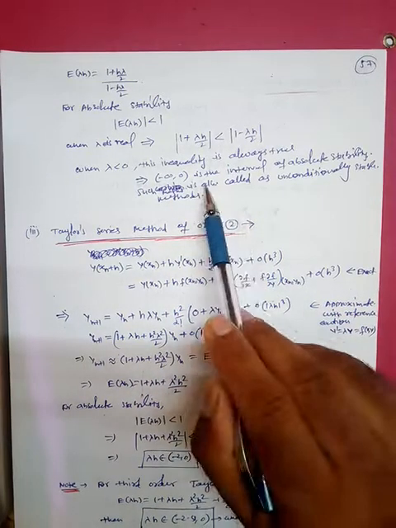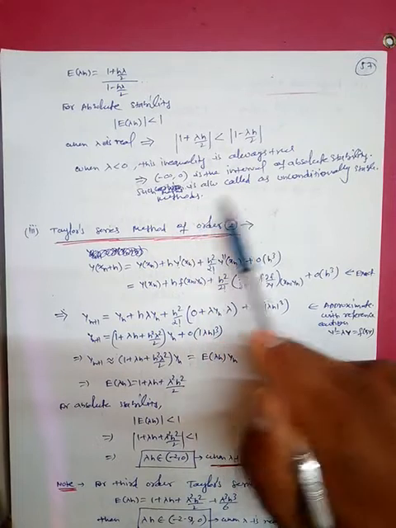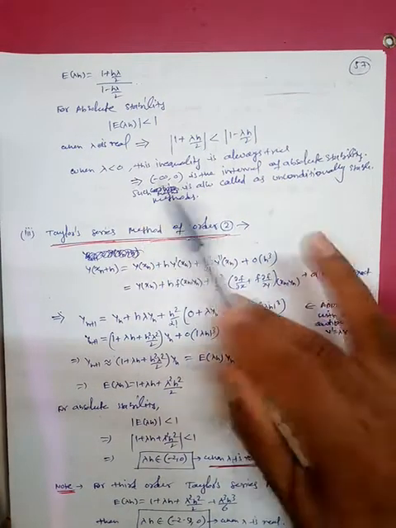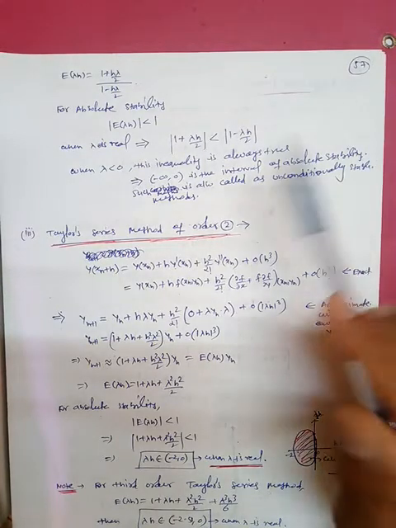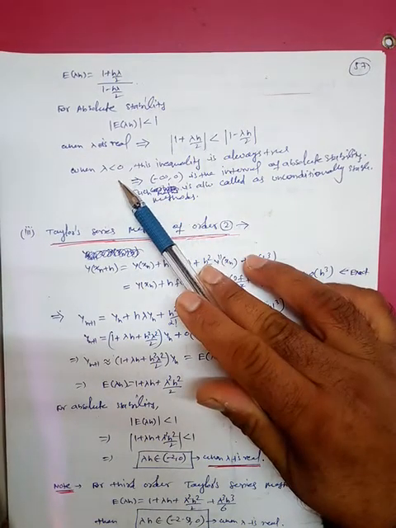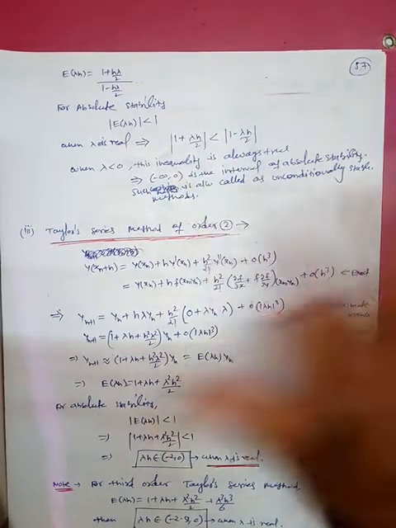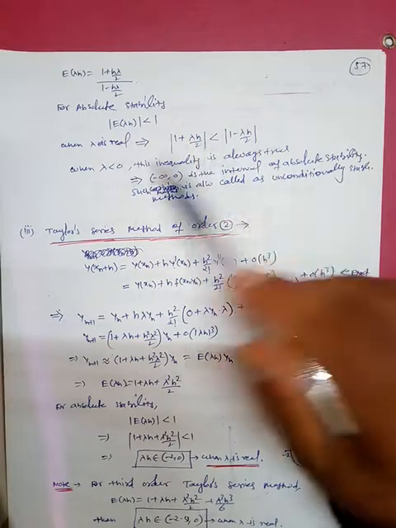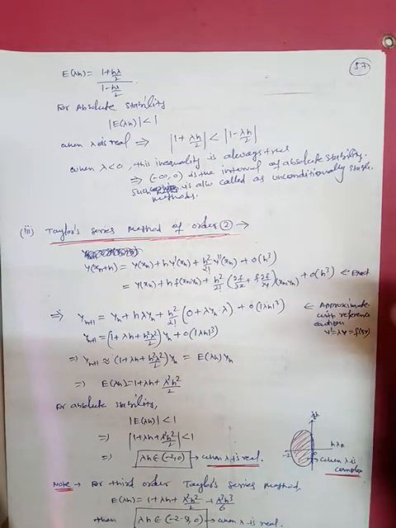So this is the interval of absolute stability, and this is called unconditionally stable, because there is no condition; this is always true, that means there is no restriction. However, when lambda is positive, we don't know the exact lambda at present, so when we substitute a positive value of lambda, we will find out the interval of stability.